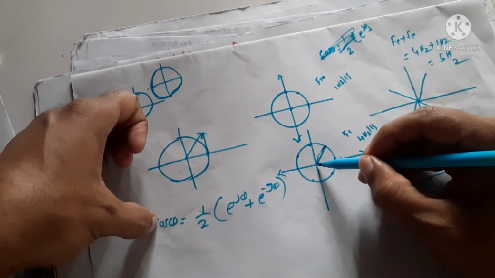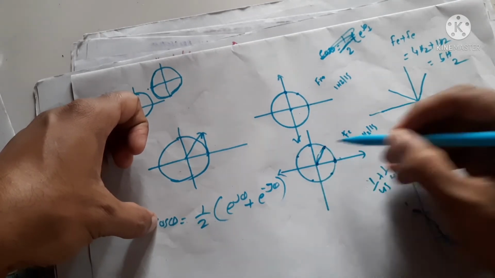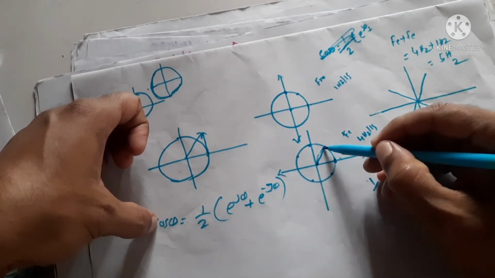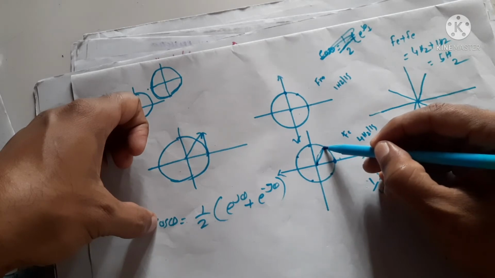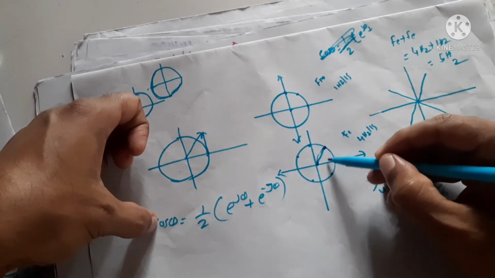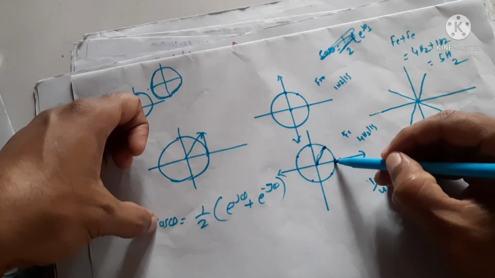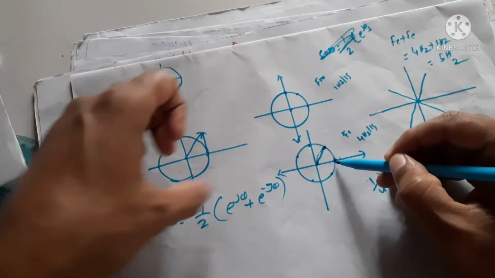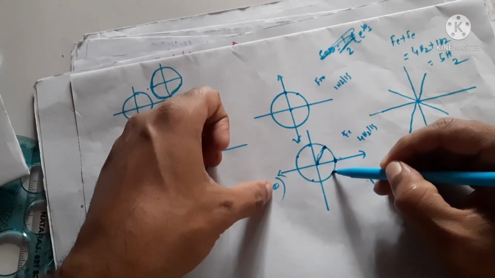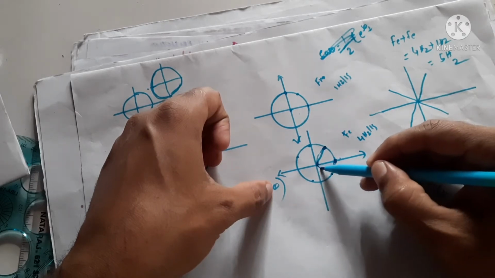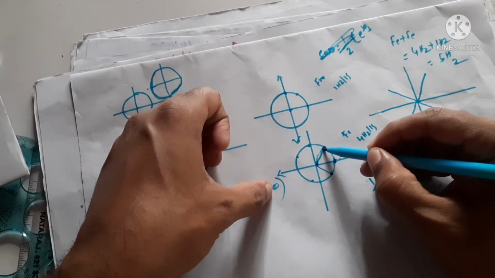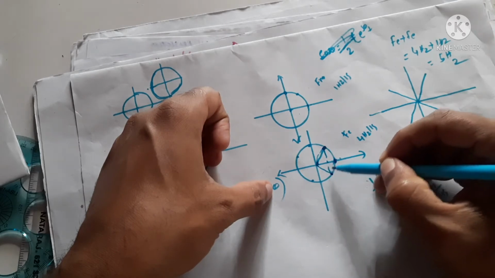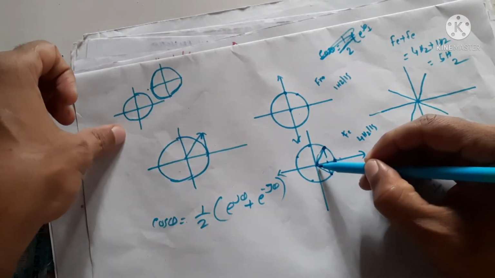That means if we say that in a quarter second, this is the value, and when we rotate this signal from here to here, in the same time, this is the value, and the corresponding real value is this.